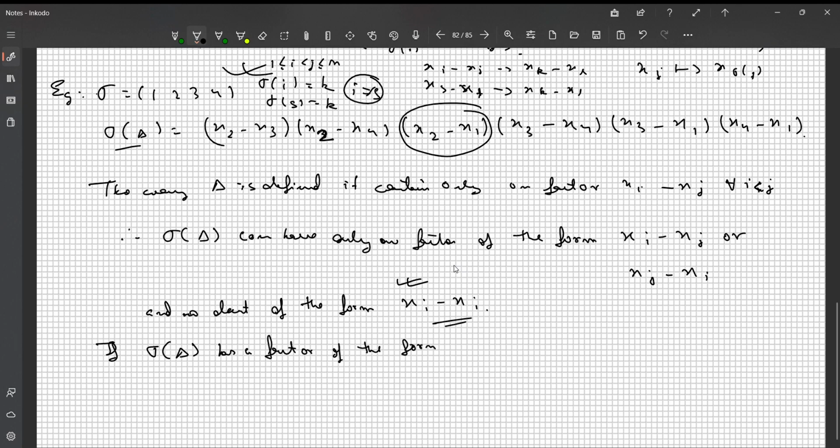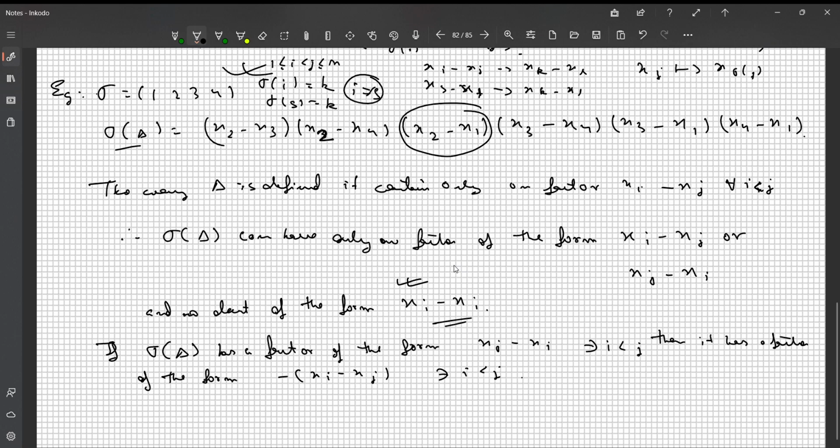Now, if sigma delta has a factor of the form xj minus xi such that i is less than j, then we can say it has a factor of the form minus of xi minus xj such that i is less than j. Clear?